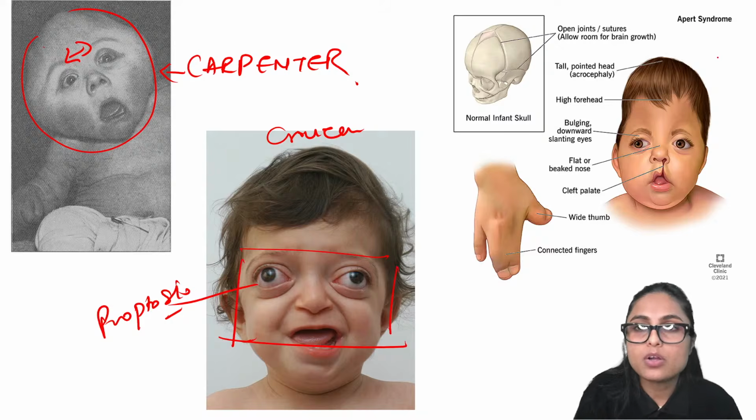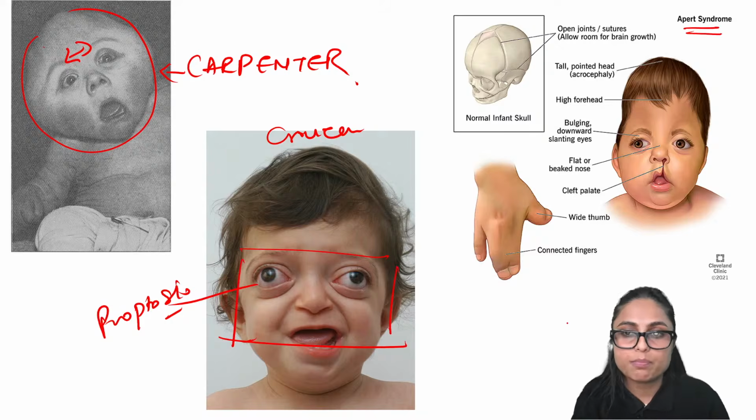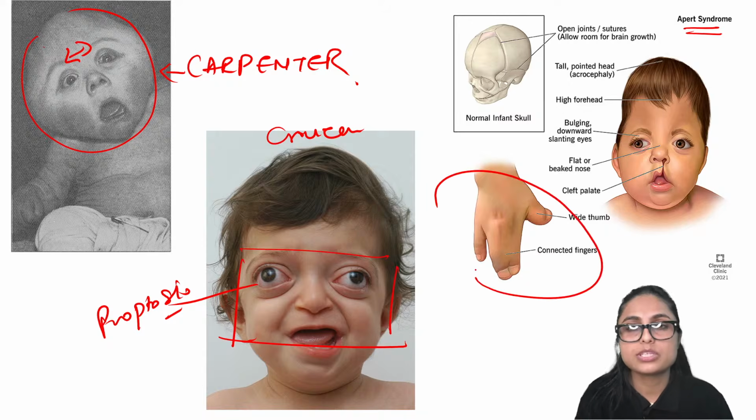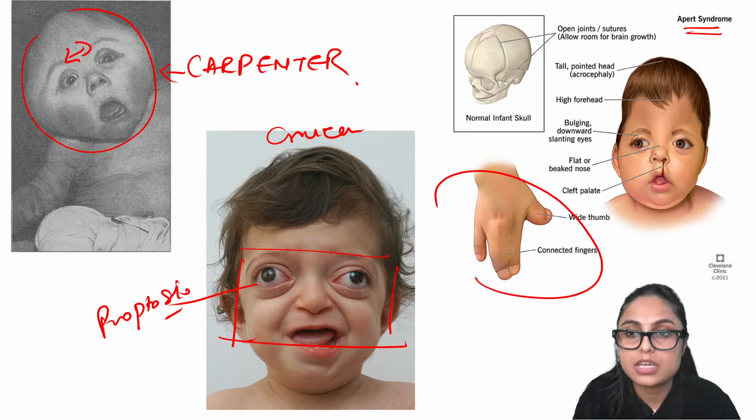Moving on to Apert syndrome. In Apert syndrome you have webbed fingers, which are called mitten hands, and we also have cleft palate. If you see it over here, the presence of cleft palate.